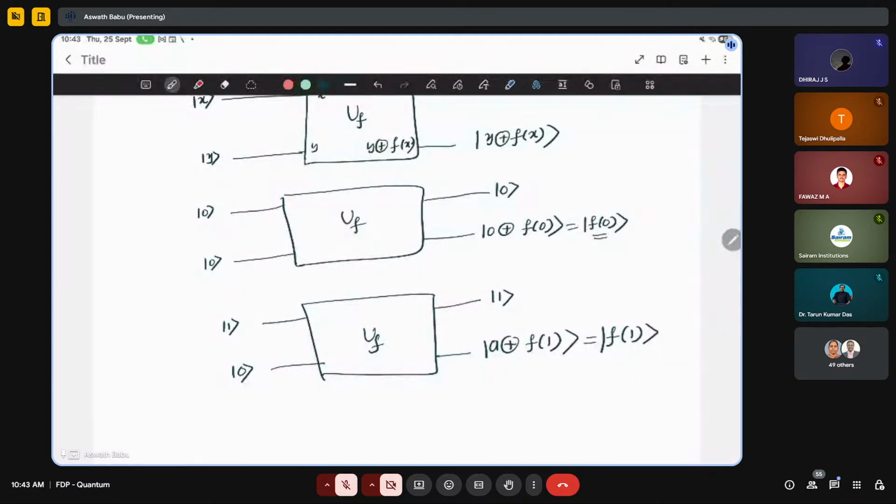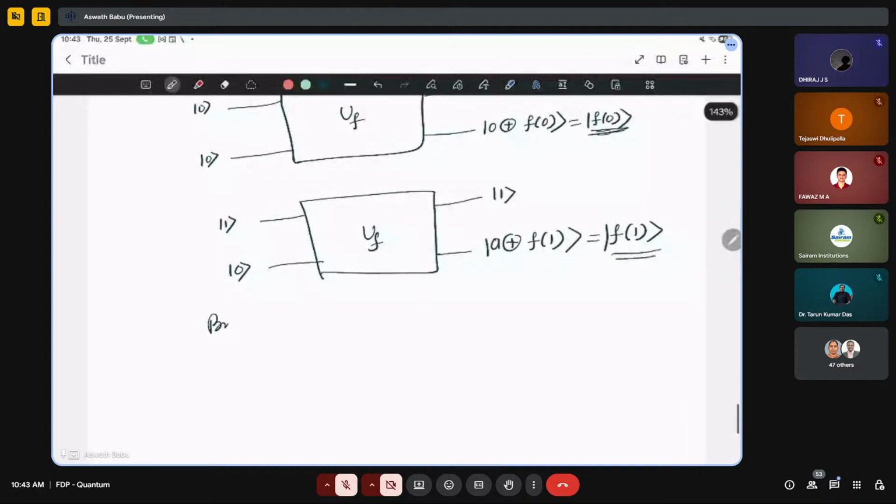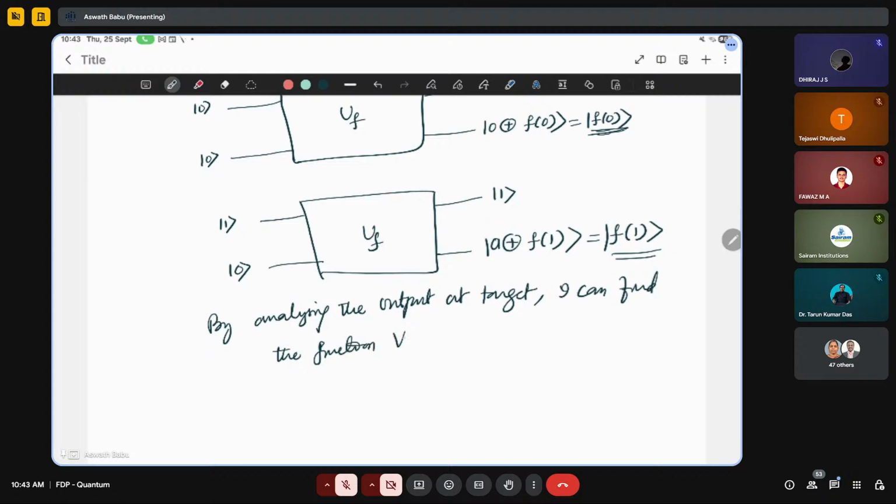Now I have a privilege of analyzing the output at the target. By analyzing, I can find the function values f of 0 and f of 1. Okay, that is not the thing which I am expecting.